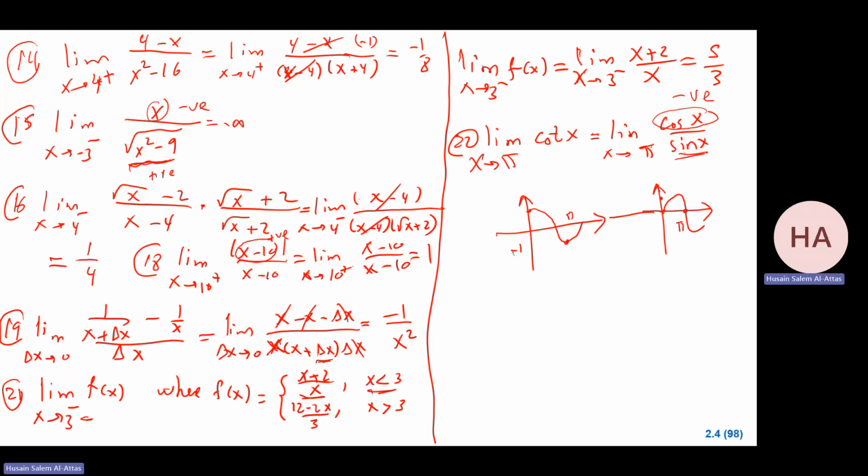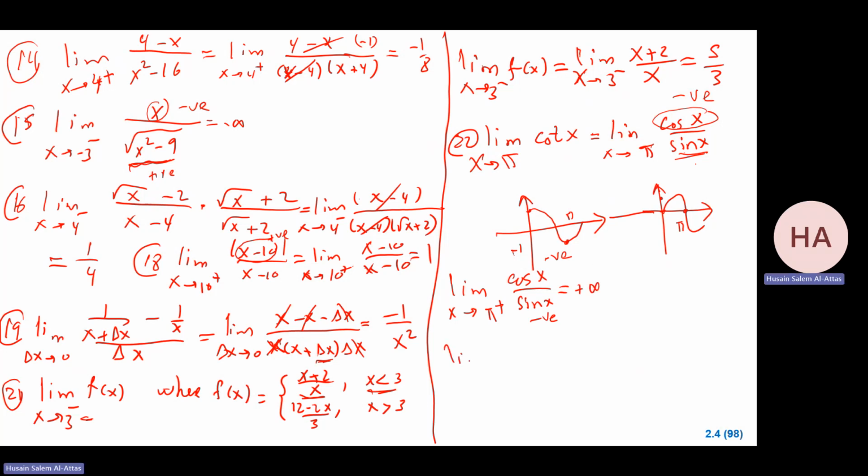So if I take the limit going to pi from the right, it will be here. It's an infinity category because it will be non-zero over 0 in both cases. But this will be negative, and this one, pi plus, will be negative 2. So this is plus infinity.